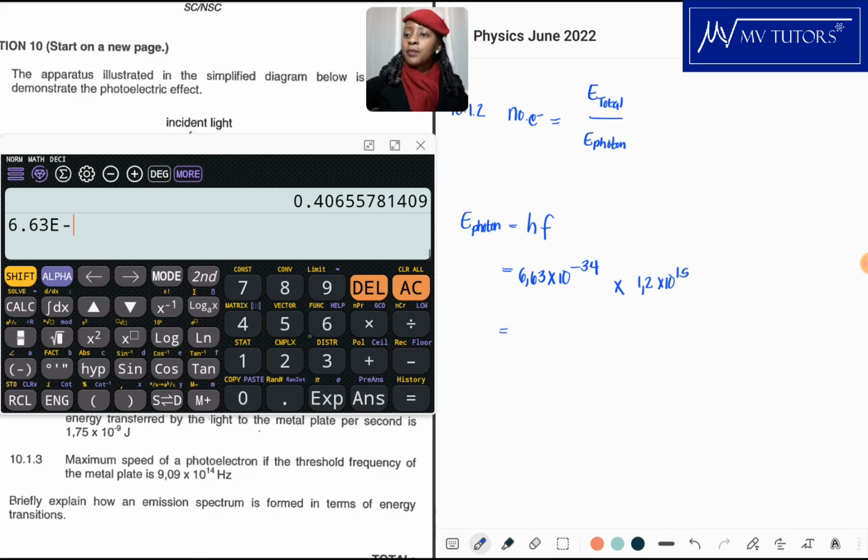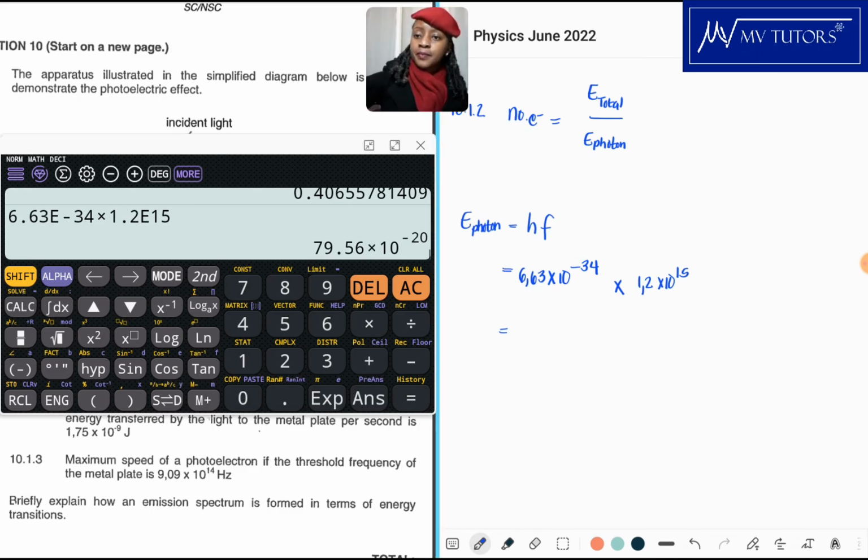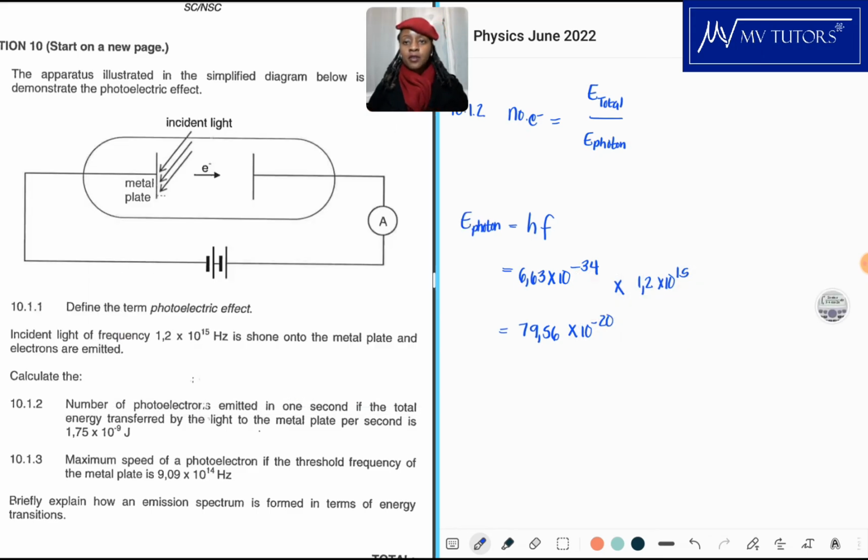Oh yeah, it does give scientific notation. That's good. So Planck's constant times 1,2 times 10 to the power 15, and then we get 79,56 times 10 to the negative 20. So that's just the energy of the photon.